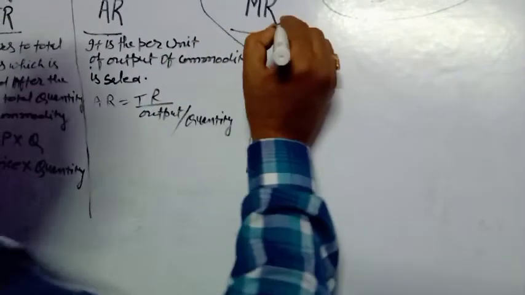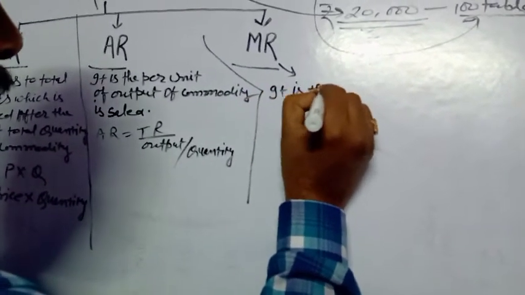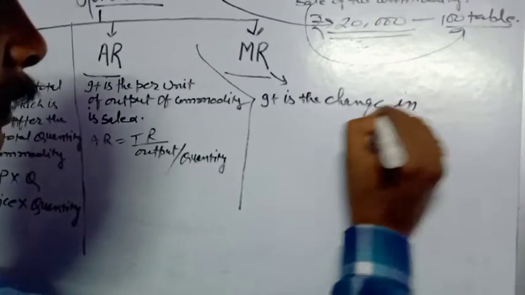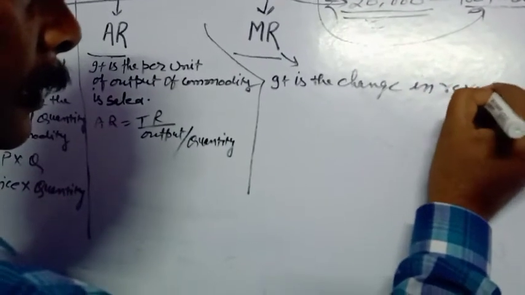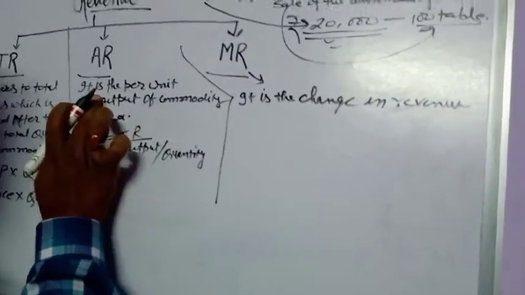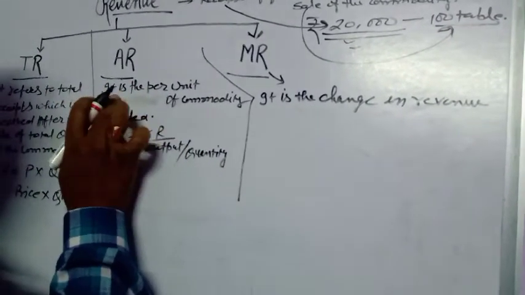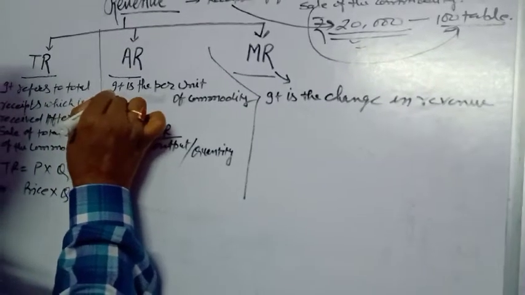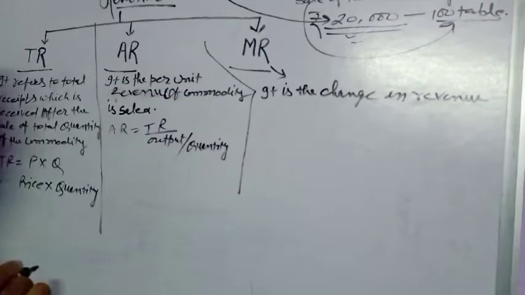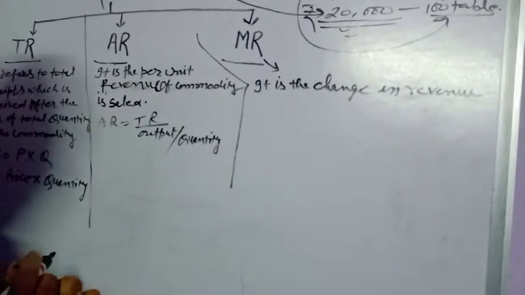Now MR. It is the per unit revenue of a commodity which is sold.